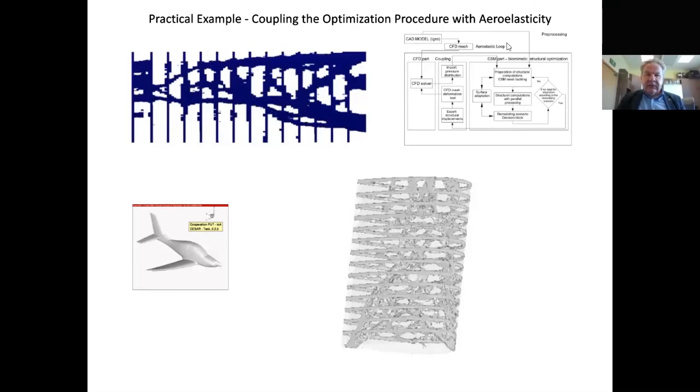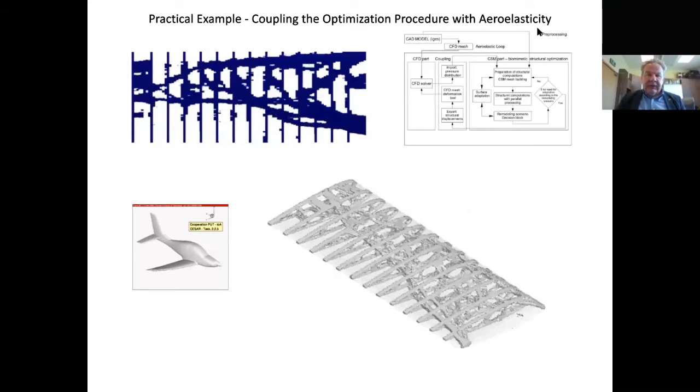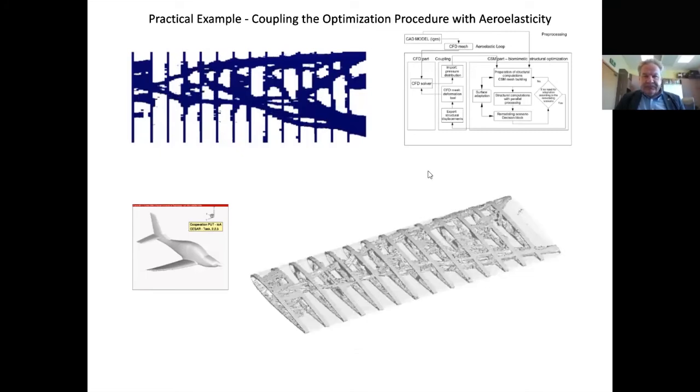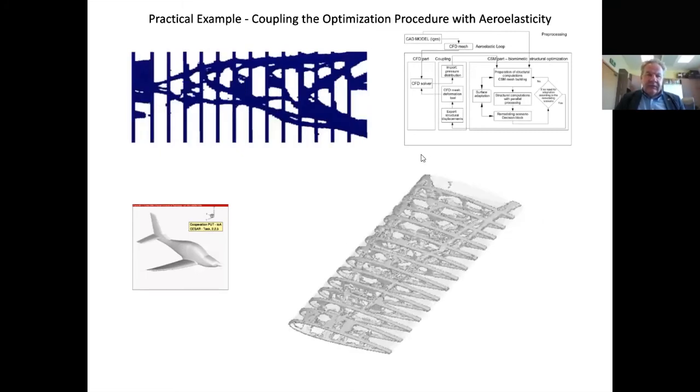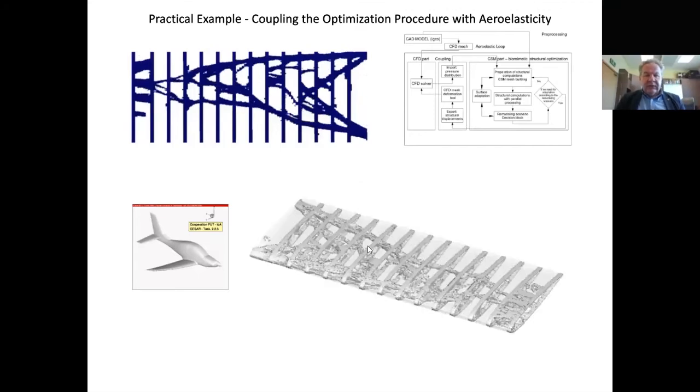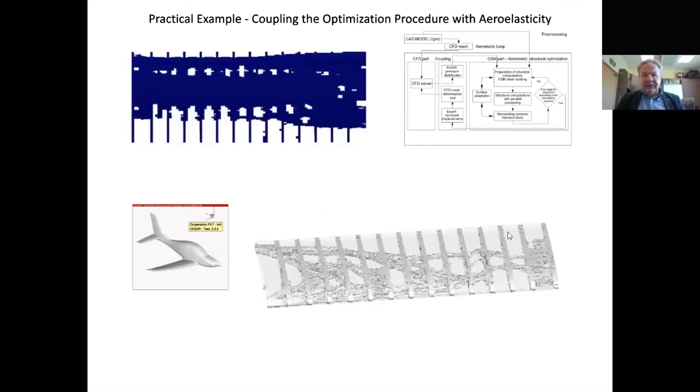Okay, so we also put this optimizer into the aeroelasticity environment. So here you can observe how it works. We have some information about the pressure distribution on the wing surface.